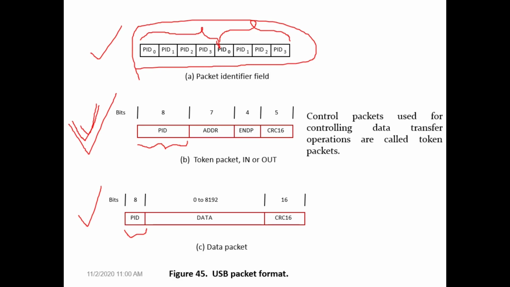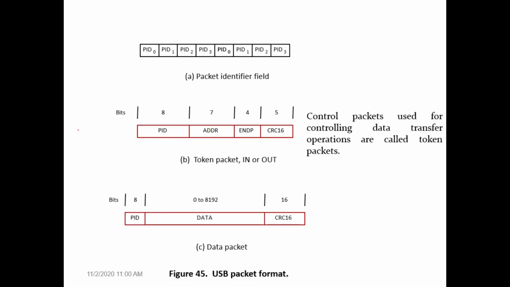Whether it is a control packet or a data packet, the PID is there. A particular PID informs what kind of packet it is or what data is inside the packet. This is a control packet, which of course has an 8-bit PID, that is 4 bits written twice, as well as some address.